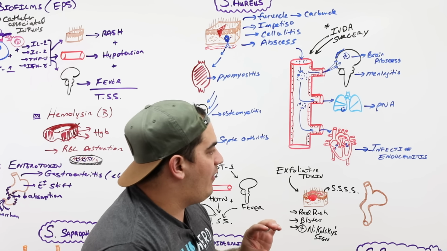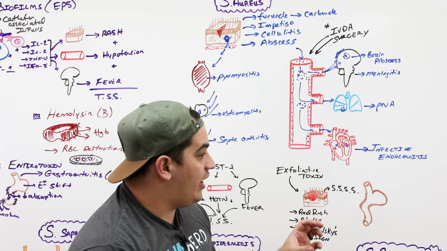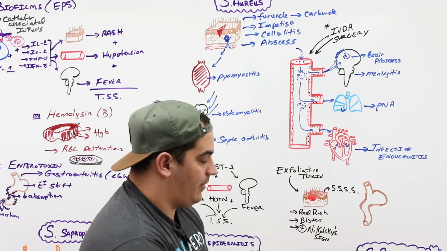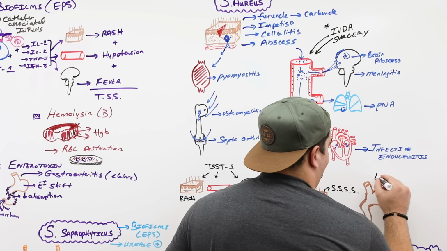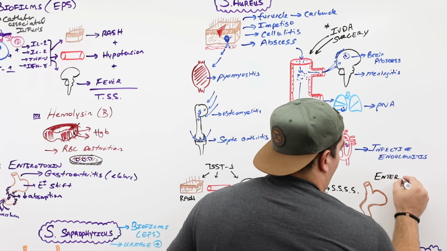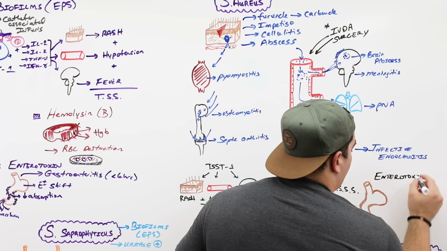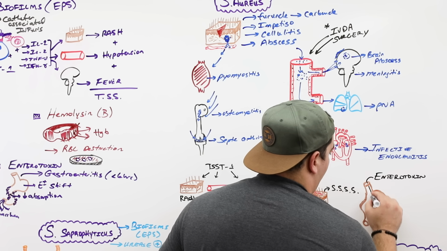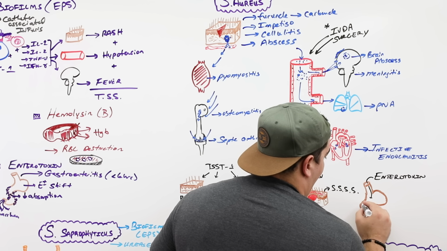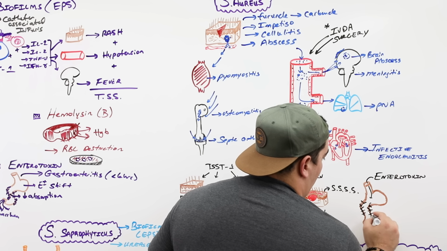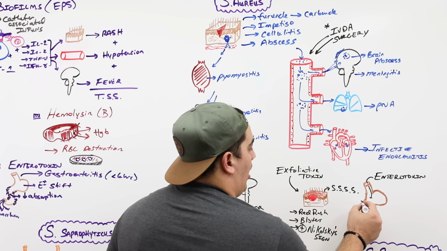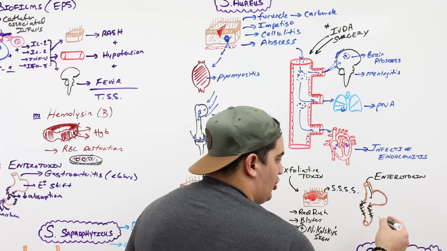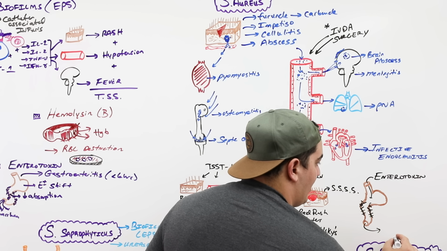The last type of effect that we can also see from Staphylococcus aureus, not directly but via its exotoxin, is the enterotoxin effect, right? So we talked about this also briefly. The enterotoxin can lead to destruction of the epithelial lining of the GI tract, and it's going to alter the absorption. It's going to alter the movement of electrolytes. It's going to lead to electrolyte shifts, and it's going to basically lead to diarrhea.